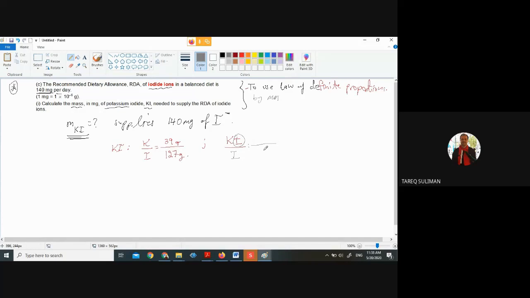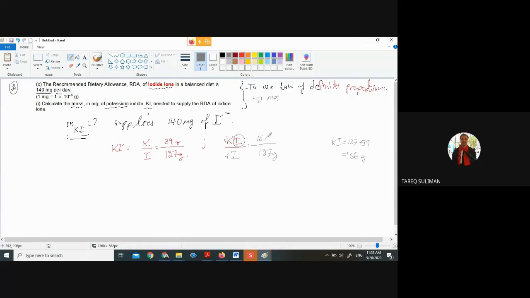Every 1 mole of I minus or I, because when it loses or gains electrons, the mass doesn't change, is 127 gram. What is the mass of 1 mole of KI? The mass of 1 mole is 127 plus 39 equals 166 gram.